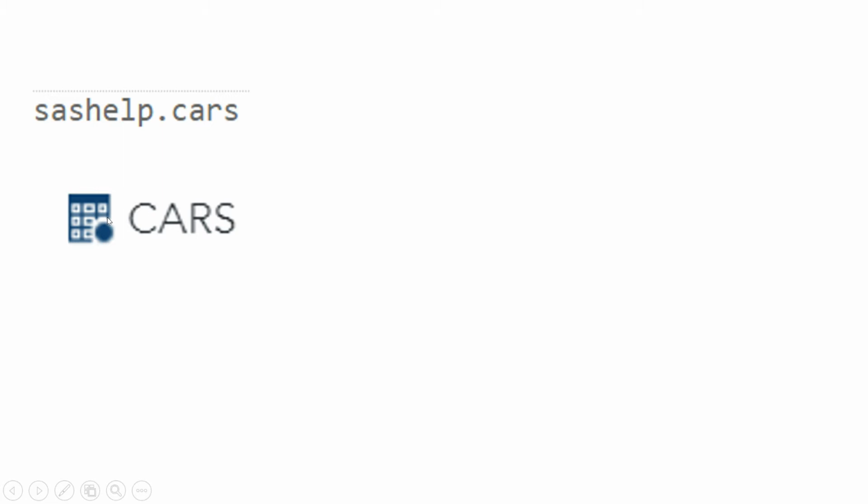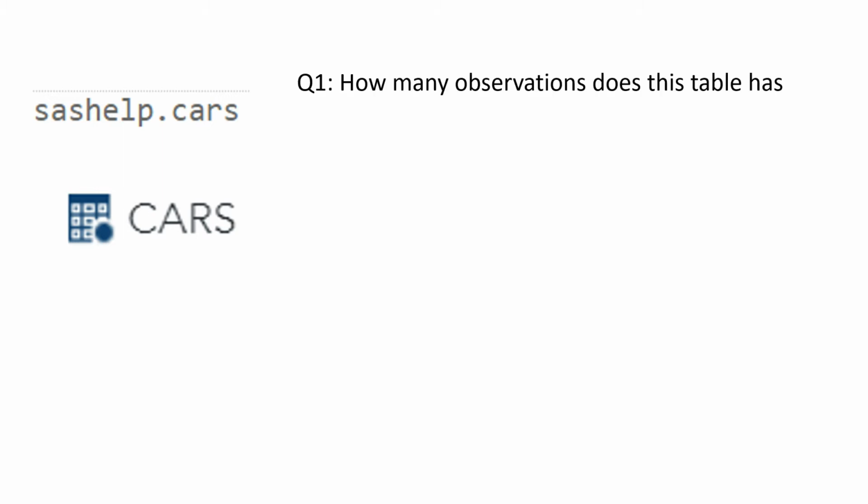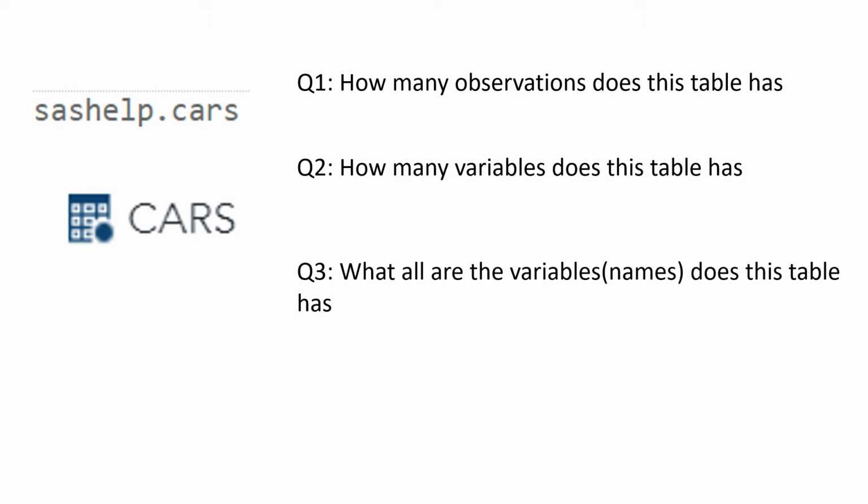So probably you may like to know these kinds of questions. First question, how many observations does this table have? How many variables does this table have? What are the variables, meaning what are the variable names?